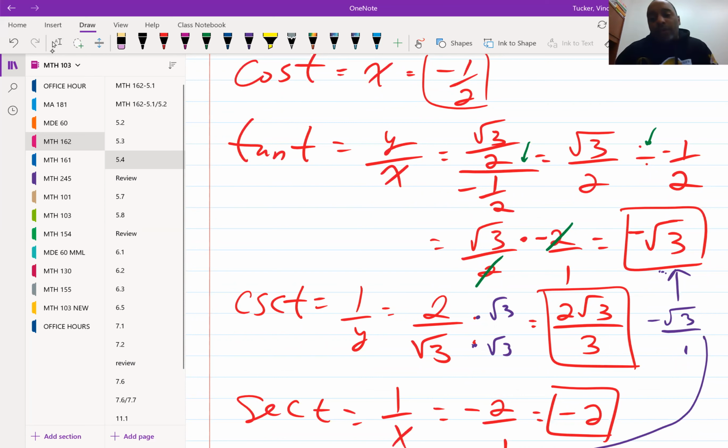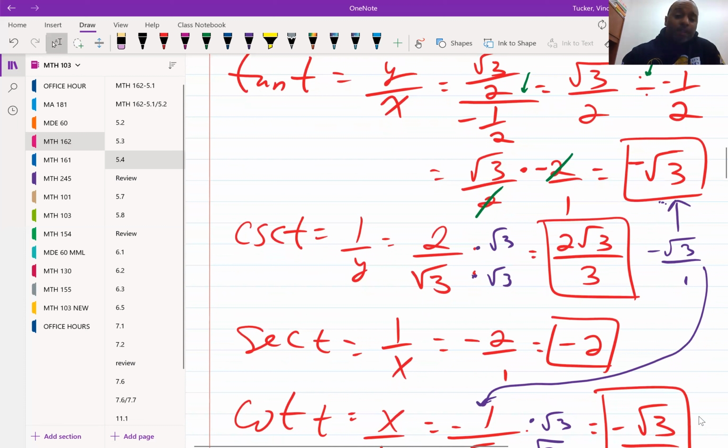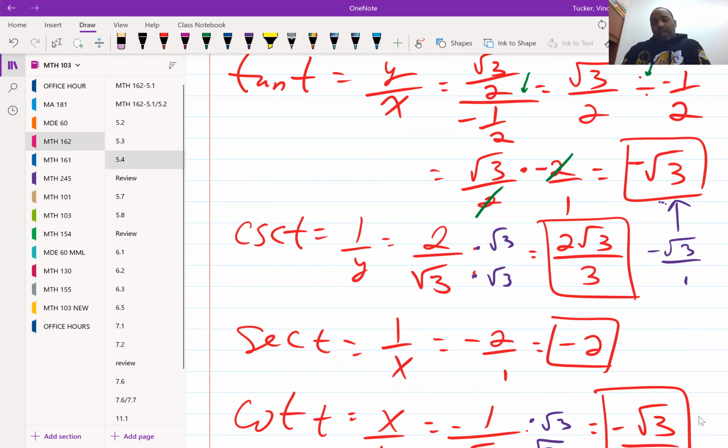And that'll be 2 square root of 3 over 3. Secant is the inverse of cosine. So cosine was -1 over 2. Flip that, that's -2 over 1, which is just -2.